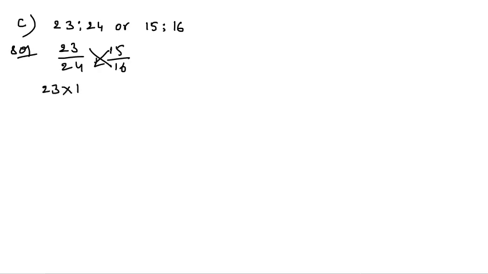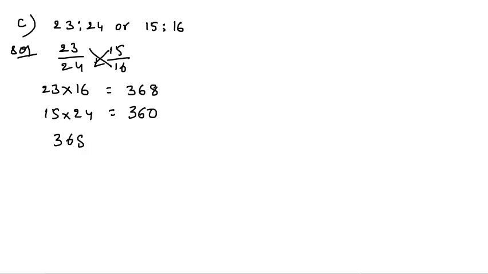So 23 into 16, 15 into 24. 23 16s are, 20 16s are 320, 3 16s are 48, 320 plus 48, 368. 15 24s are, 10 24s are 240, 5 24s are 120, 240 plus 120, 360. So 15 24s are 360, 23 16s are 368.